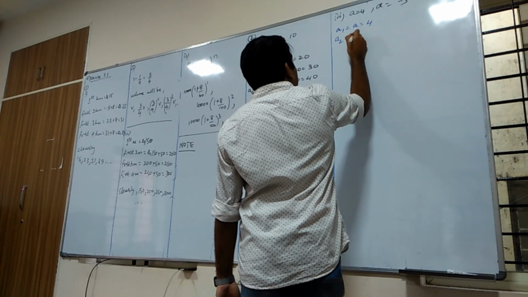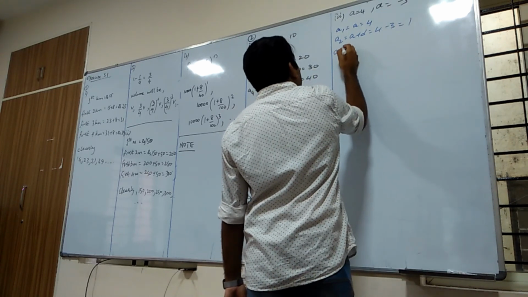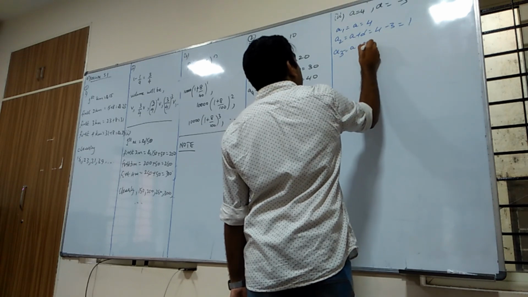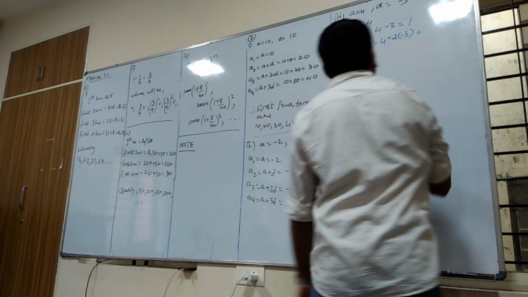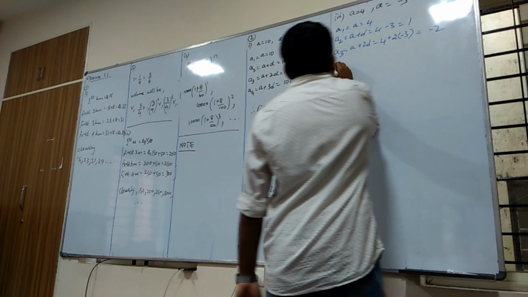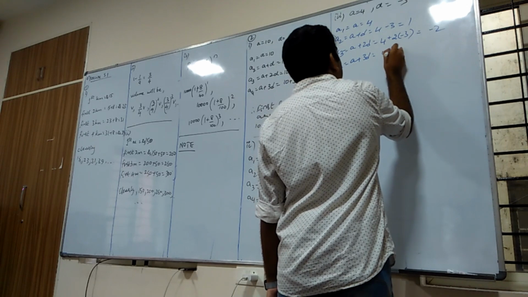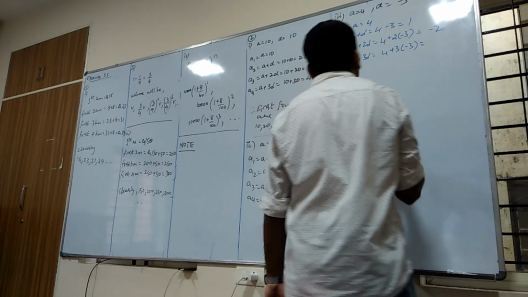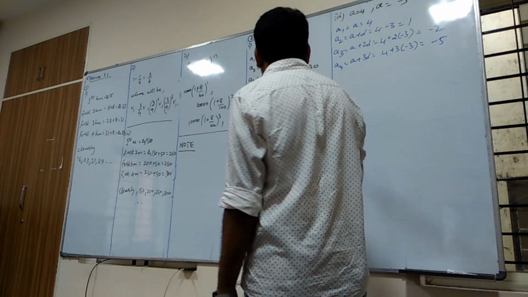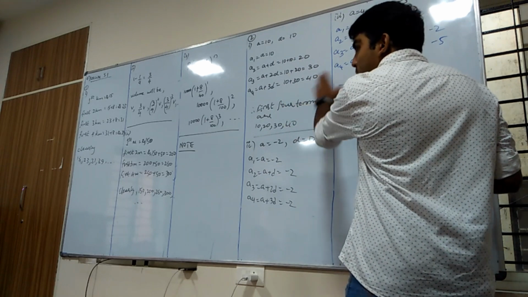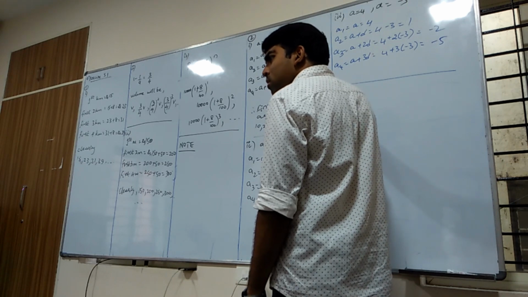What will be A2? a plus d, 4 minus 3, which is 1. A3 is a plus 2d, 4 plus 2 into minus 3, 4 minus 6, minus 2. A4 is a plus 3d, 4 plus 3 times minus 3, minus 9 plus 4, is minus 5. You can write the sequence like this. Did I ask you to write?